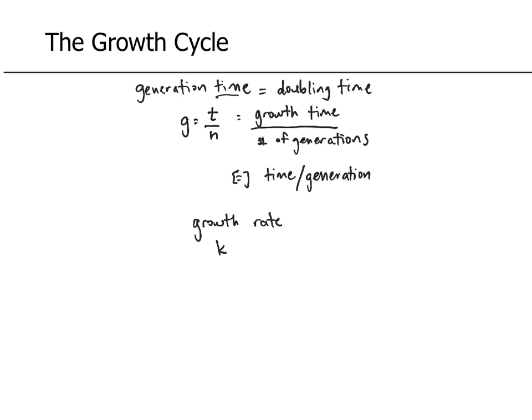So it's proportional to the inverse of generation time. The units of K are essentially 1 over time, usually represented as inverse hours or something.